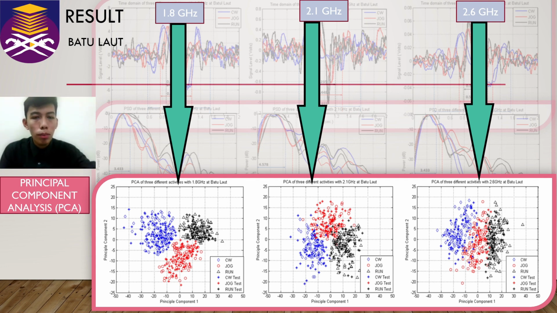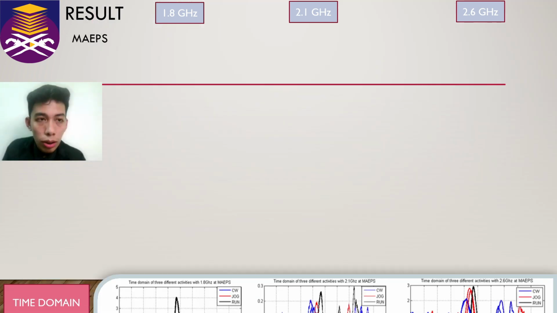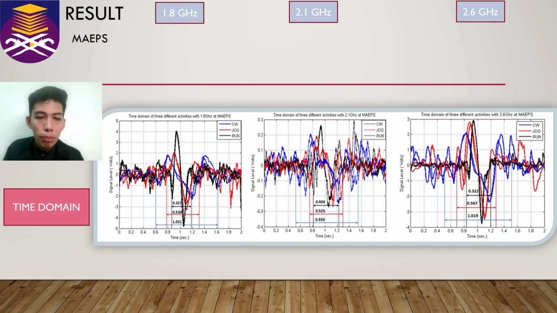For the percentage, for 1.8 GHz, it is 100%, for 2.1 GHz it is 96.86%, and for 2.6 it is 94.45%.